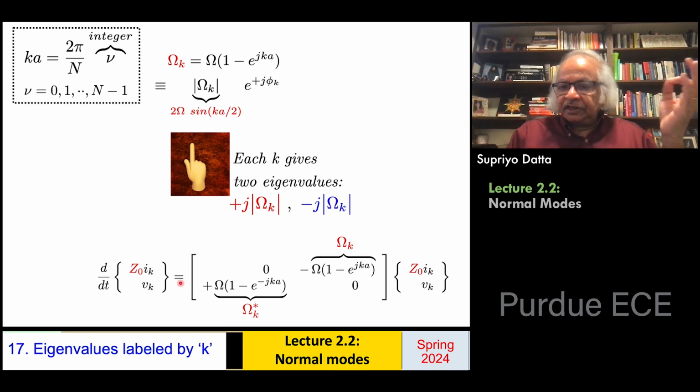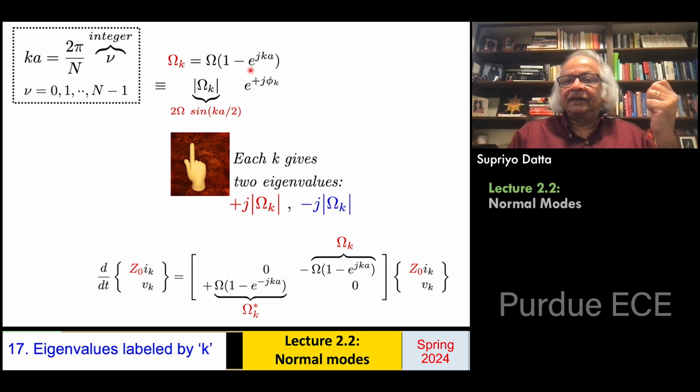And each k will give you two eigenvalues. These are complex numbers, but it will give you an eigenvalue which will depend on the magnitude of omega k. You can show that the eigenvalues of this will be plus j times the magnitude of omega k and minus j times the magnitude of omega k. And what's the magnitude of omega k?